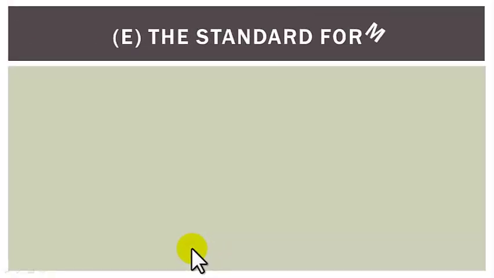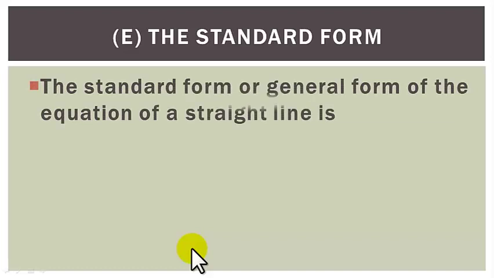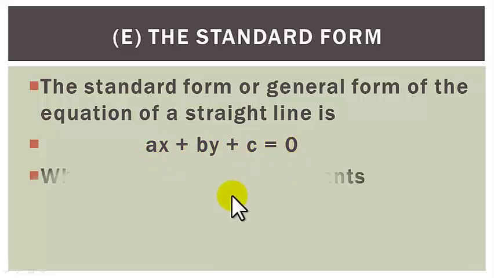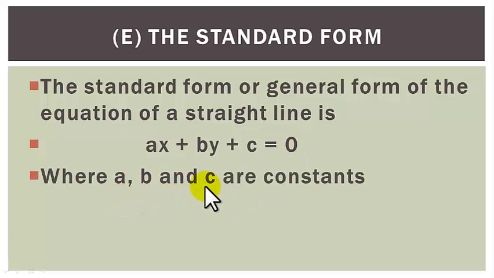E. The standard form of the equation of a straight line. The standard form, or the general form, of the equation of a straight line is expressed in the form ax plus by plus c equal to 0, where a, b, and c are constants.